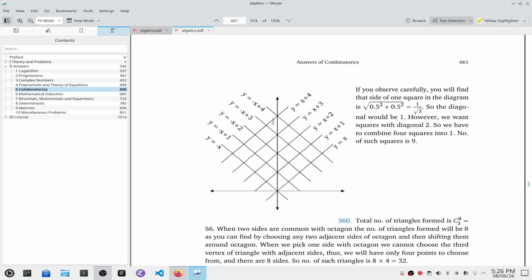Okay, so this is 3. That is 1, 2, 3, 4, 5 lines. So n minus 2 will be 3. And this side also 3. So 3 times 3 is 9. So that's how we have come to this. So this is essentially n minus 2 whole squared. So if you have a large number of n or m, it is n minus 2 into n minus 2. So that's how you compute the number of squares.